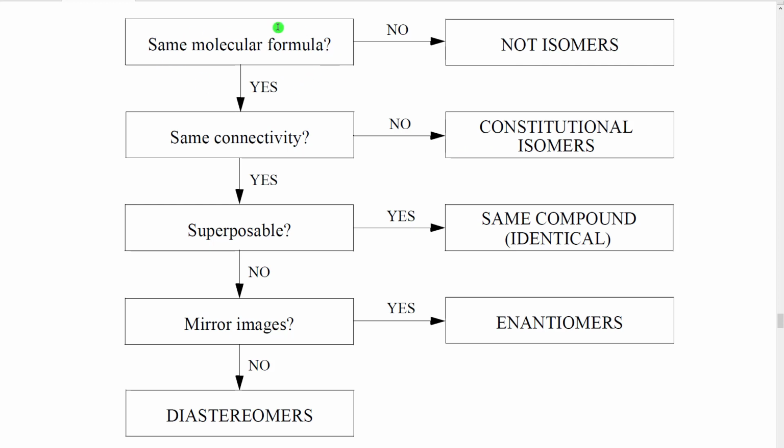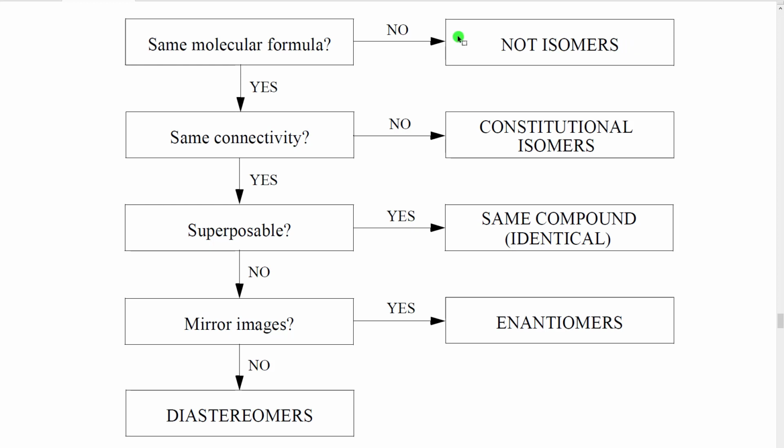The first question we want to ask when given two molecules is, do they have the same molecular formula? If the answer is no, then the molecules are not any type of isomer because isomers are required to have the same molecular formula. We would just say that they are not isomers, or that they are completely different structures.